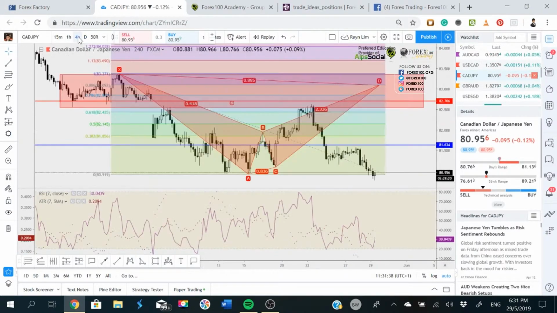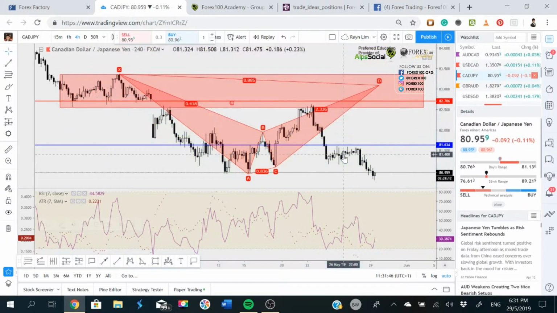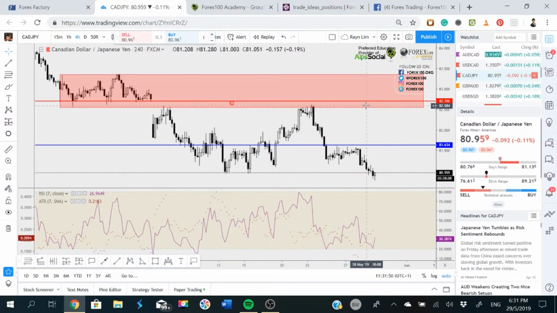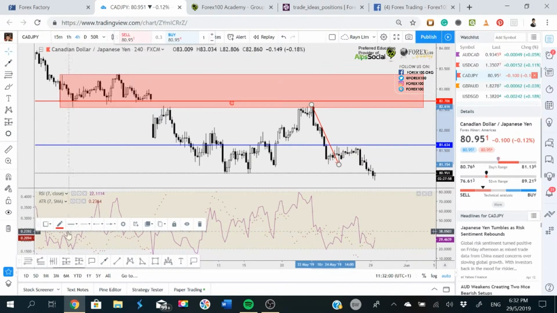On the 4-hour, I drew this because I was checking some of the patterns, and with the market forming that way, this harmonic pattern has been invalidated. Let us do a quick analysis for the ABCD, as it is a potential buying opportunity.